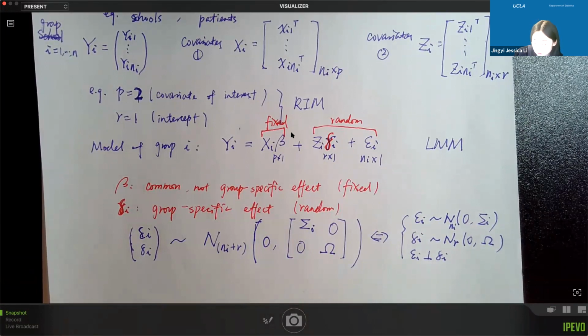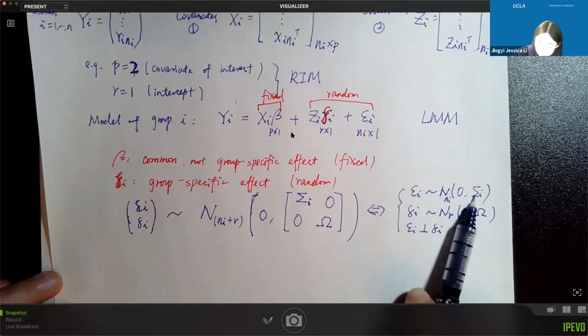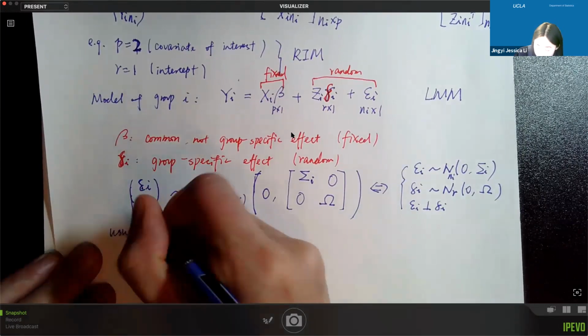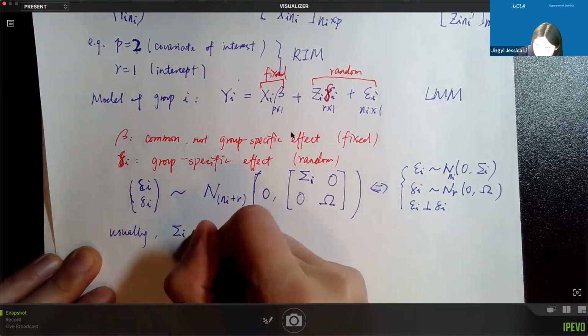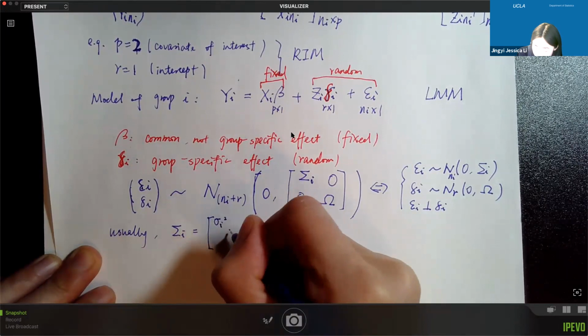Okay, so this is the general setup, but usually we may actually make the Sigma_i even simpler, as we did in our linear model. So usually we just set Sigma_i to be a diagonal matrix with sigma_i squared in the diagonal.